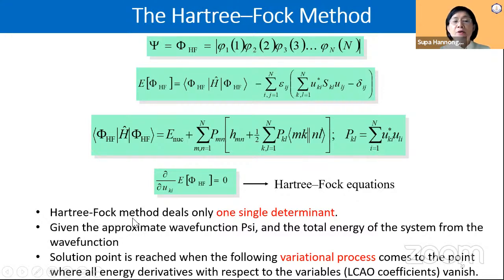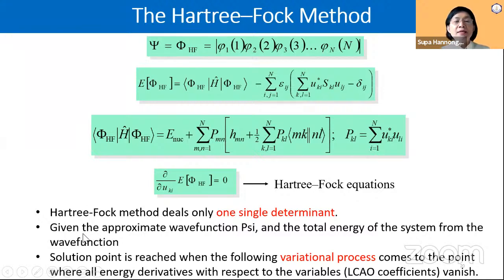Yeah. So the physical meaning of all these things, I can introduce to you that the Hartree-Fock method is the method that deals with only one single determinant. Remember that? Remember the big phi over here, the ground state orbital, okay, the wave function of the ground state. Okay.